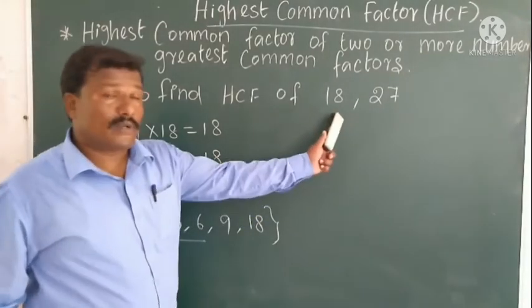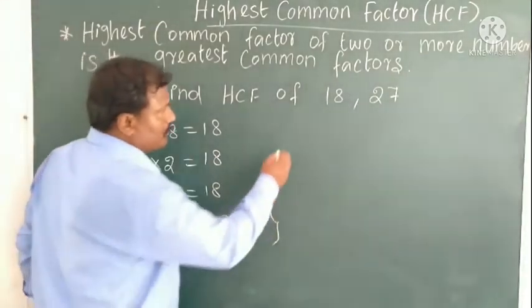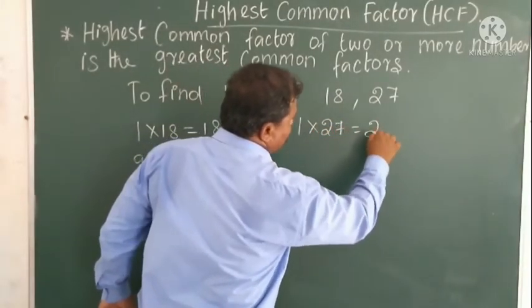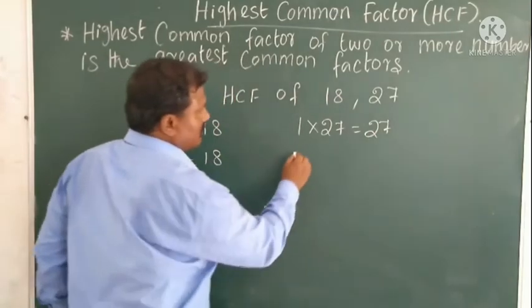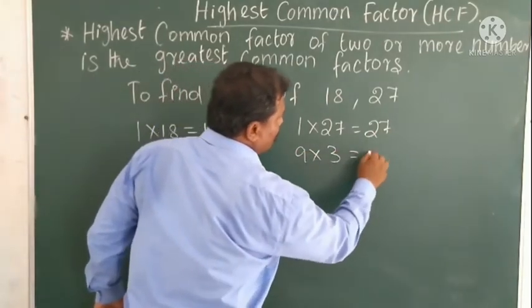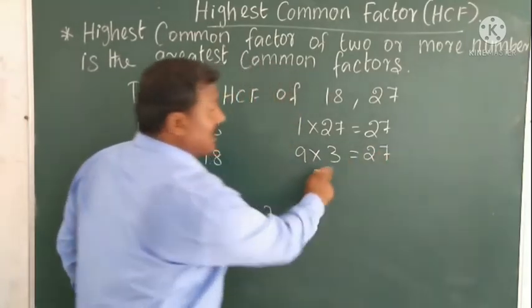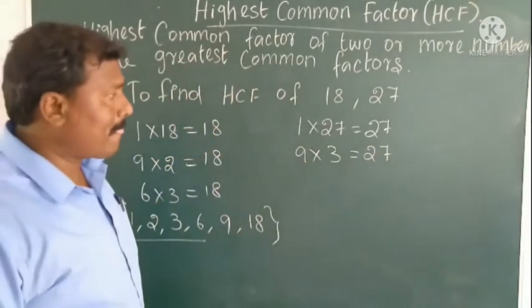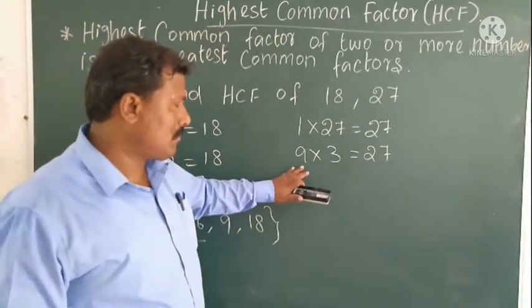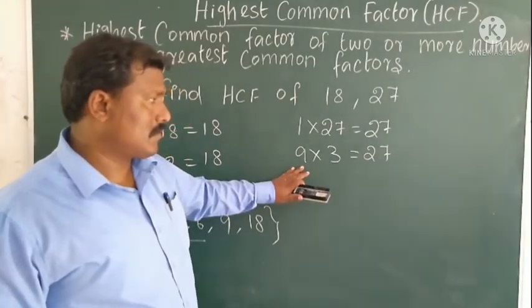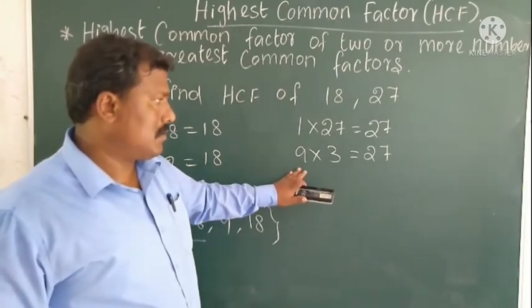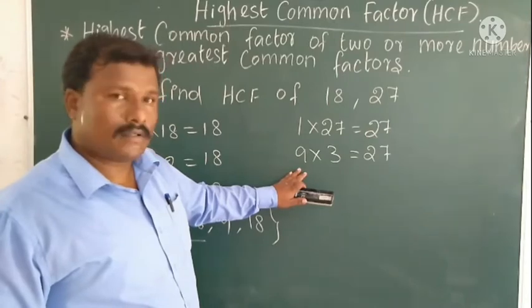Now let me find the factors of 27. 1 times 27 is equal to 27. Then 9 3s are 27.